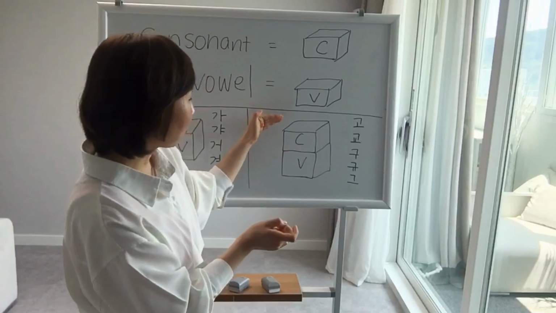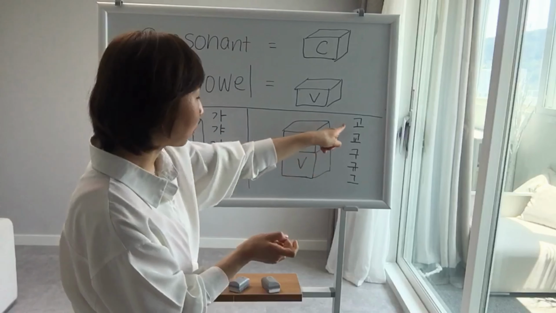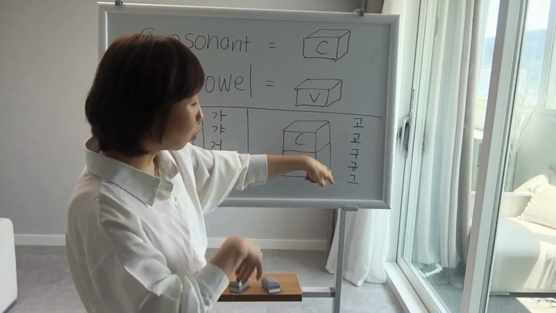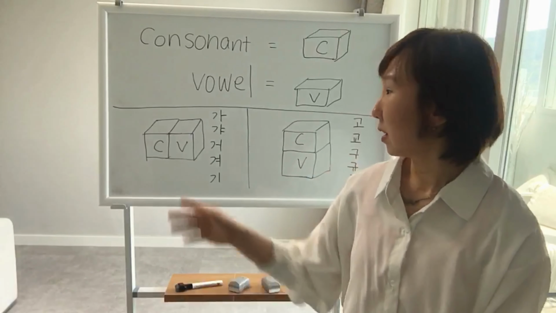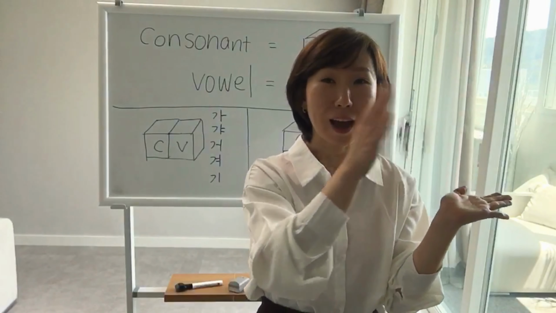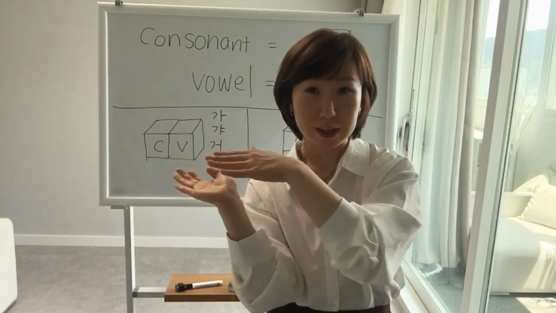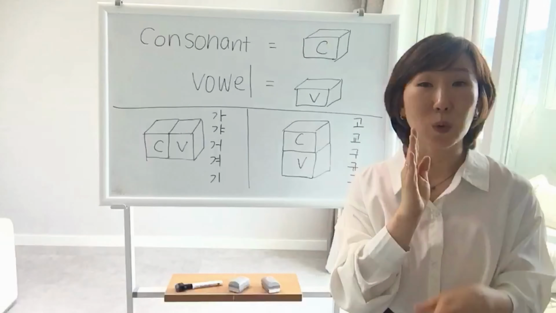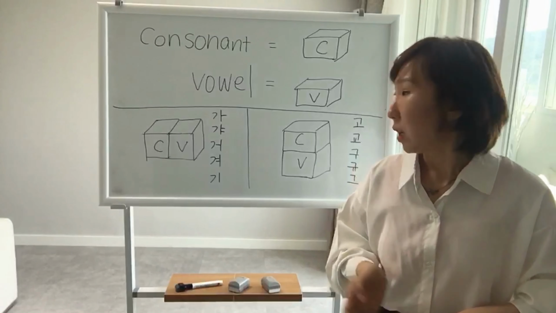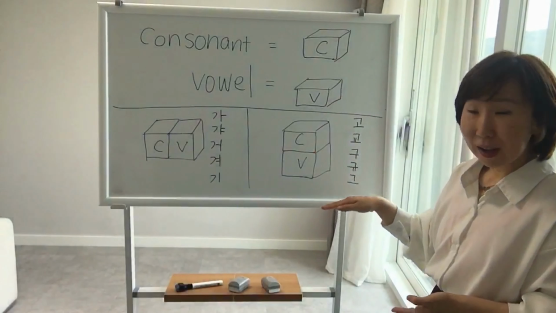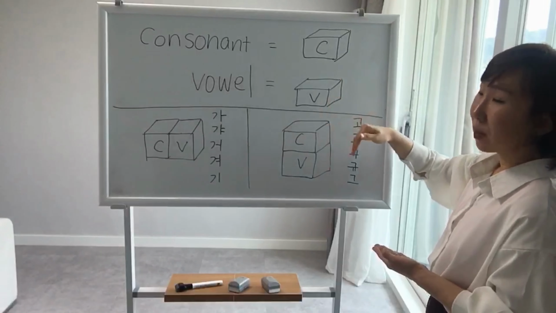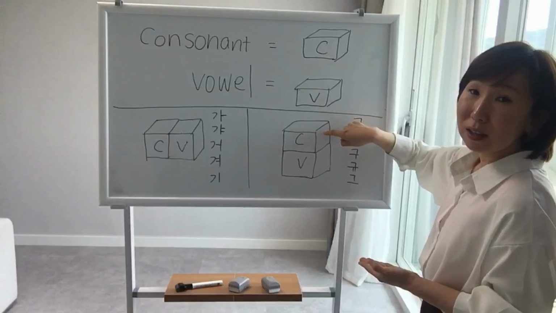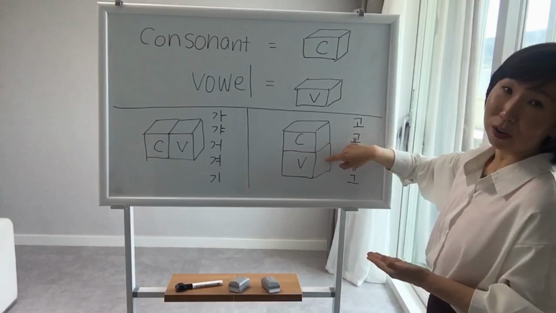And then now we're going to stack them vertically for these O, Yo, U, Yu. So if you remember, these are A, Ya, O, Yo, right? Toward is O, Yo, U, Yu. So it's more like this way. So we're going to stack them in a vertical way. So once again, the consonant comes first and then the vowel comes.